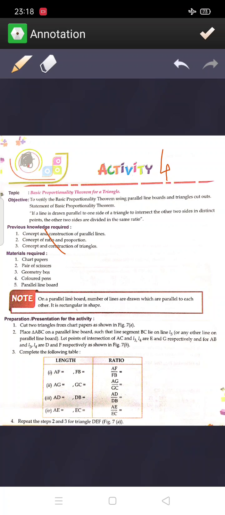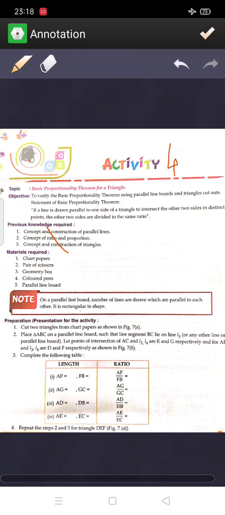Materials required. Please do notice here. You can see chart papers, you can use scrap papers also, any colored paper that will help you. A pair of scissors, geometry box, color pens, glue, you can write Fevicol, scales. Parallel line board.